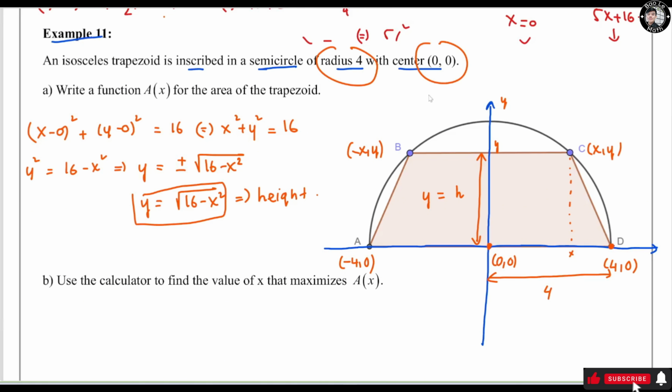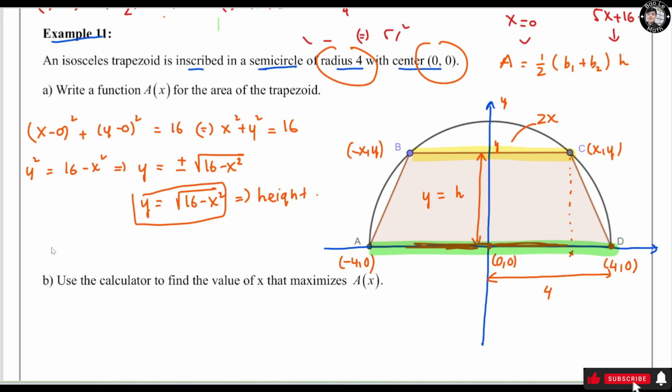Now the area of the trapezoid is going to be 1/2 times (base 1 plus base 2) times height. Now base 1 is the distance from here to here, and it's actually 2s, because from here to here it's going to be s, and from here to here it's going to be another s. So it's going to be 2s. And base 2 is the distance from here to here, which is 8.